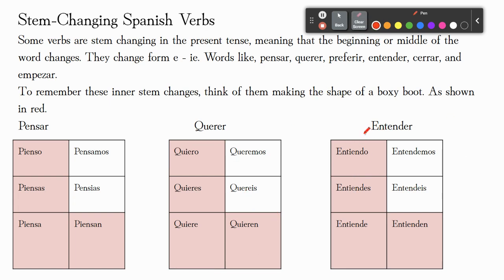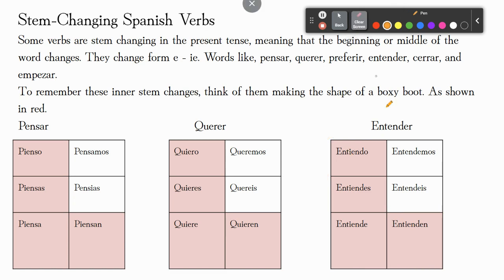And then we have our entender verbs, which end in ER. The yo form is entiendo: the middle changes, the ending rule stays. It's the same for the tú form, entiendes, and the él, ella, usted form, entiende: middle changes, end stays. Only the middle changes when it's inside that boot shape.